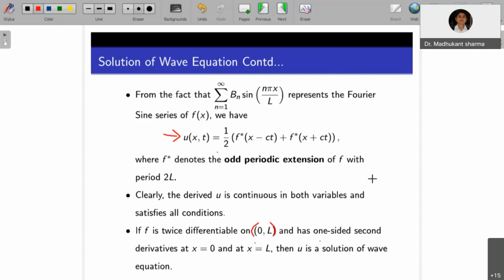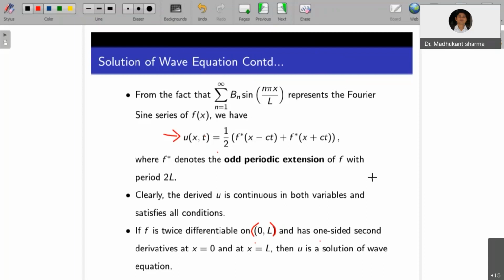Before going to this heat equation, let me give you a very simple way of solving the wave equation, which is known as D'Alembert's solution. The idea is the transformation, transforming the original equation into a simpler one.